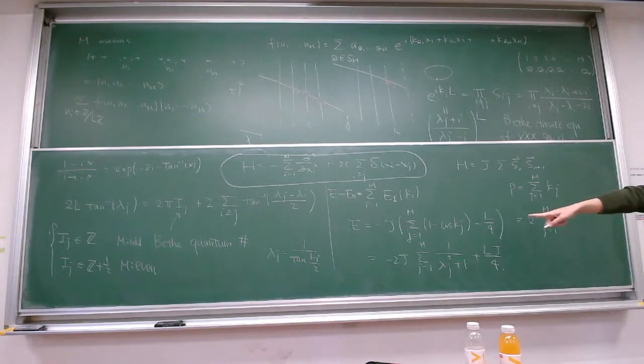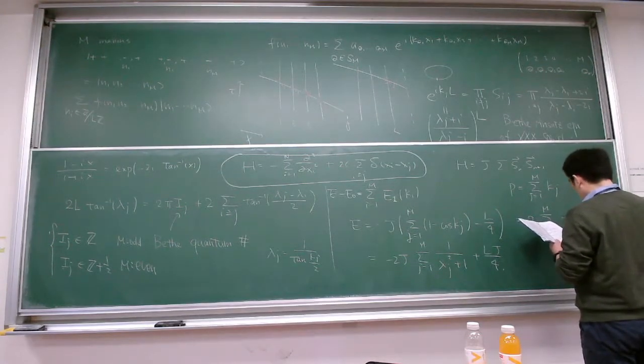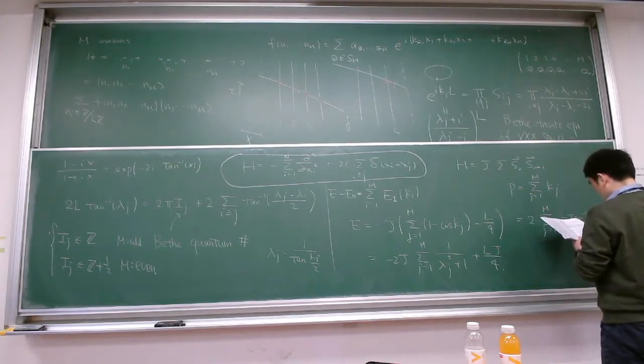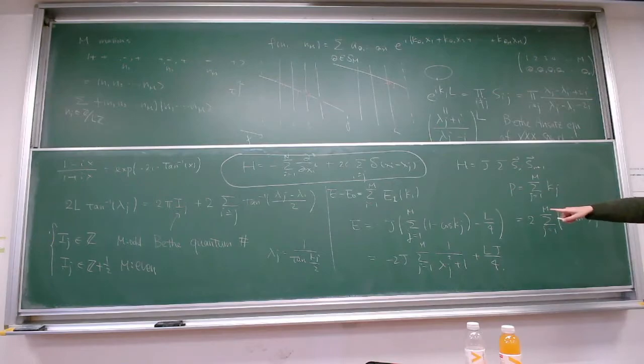We just use the relation over there, and what we have is minus tangent inverse lambda j plus pi over 2. That's what we get from translating k to lambda.